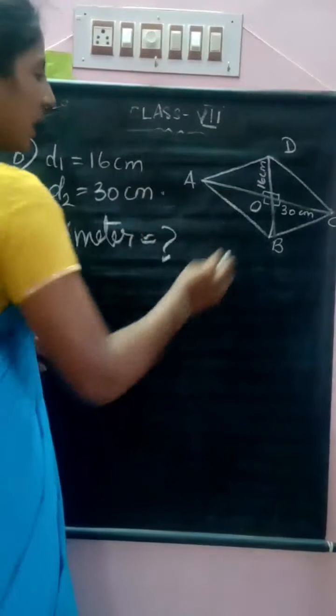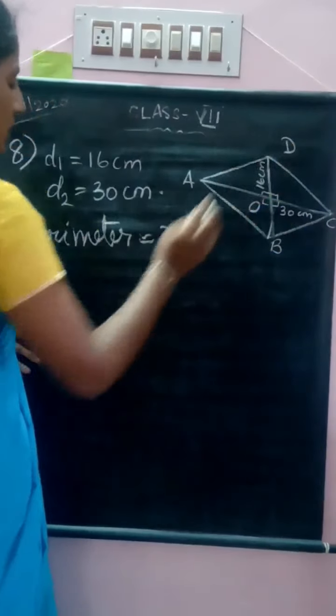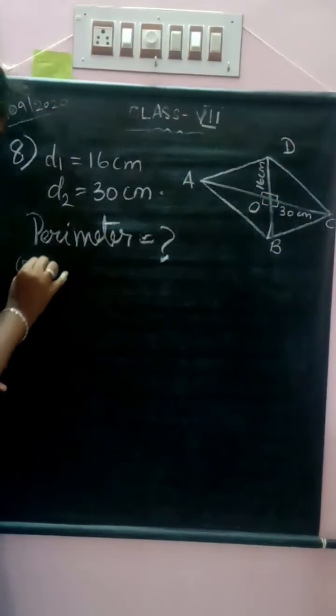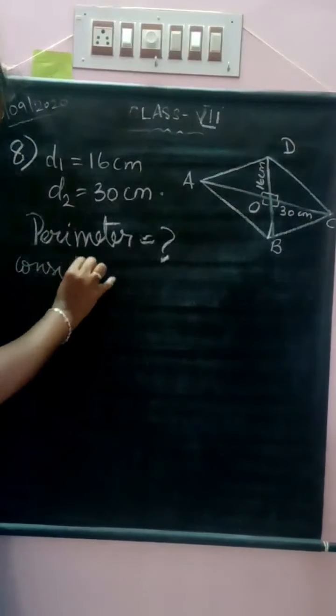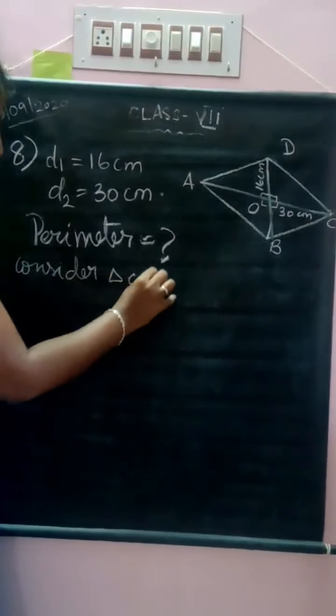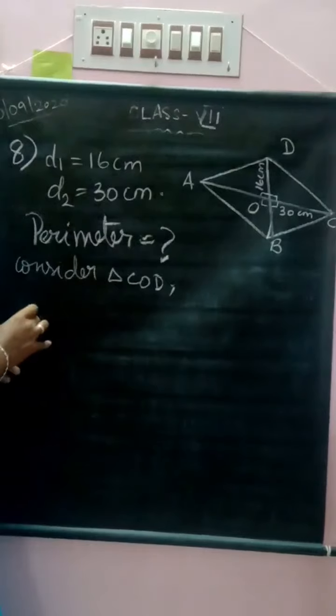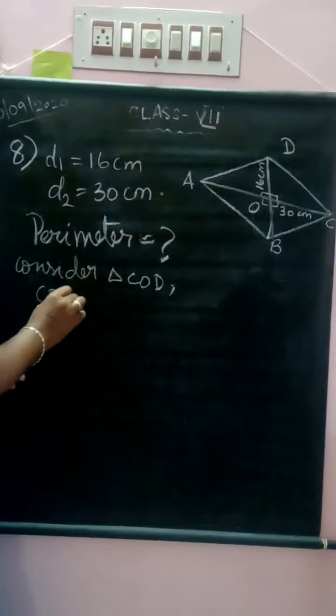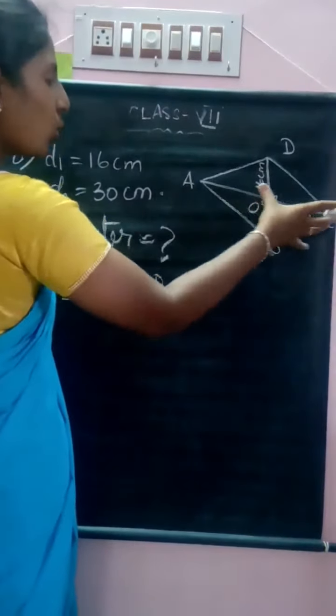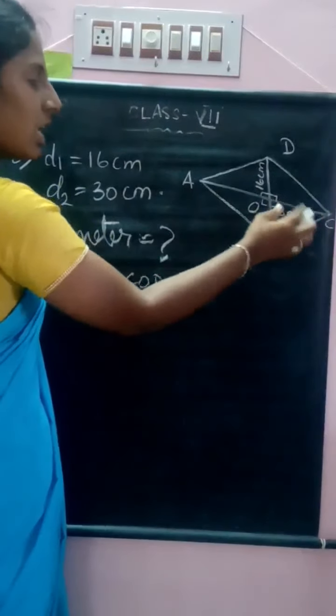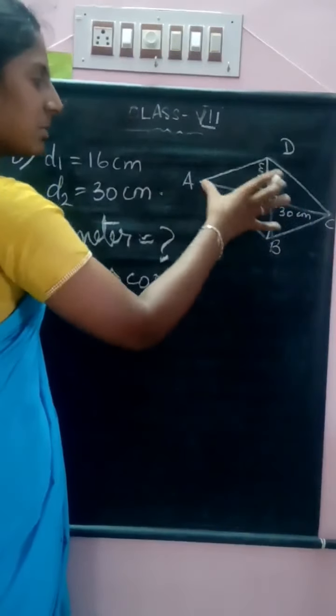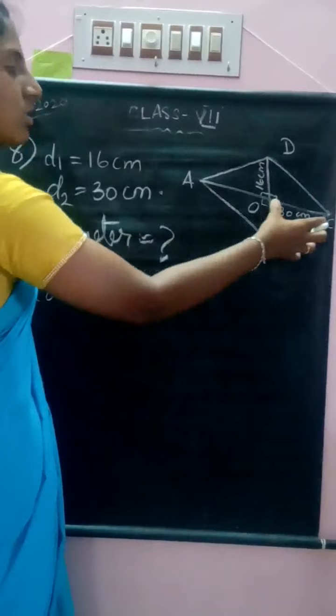So if you take only this triangle COD, consider triangle COD. So here CO is how much? Is it 30? No, totally AC is 30. So this is actually bisecting. Bisecting means dividing equally. So this will be how much?